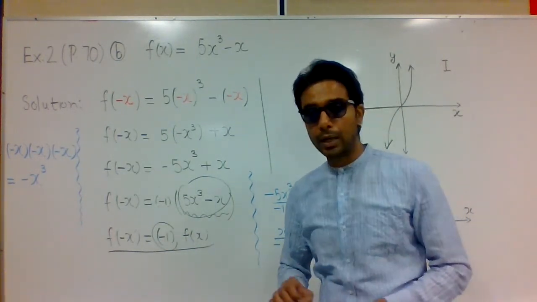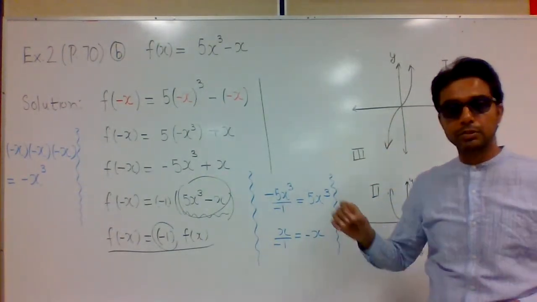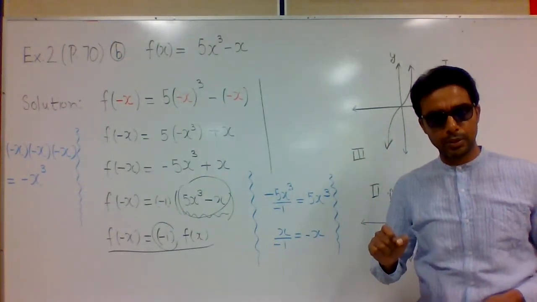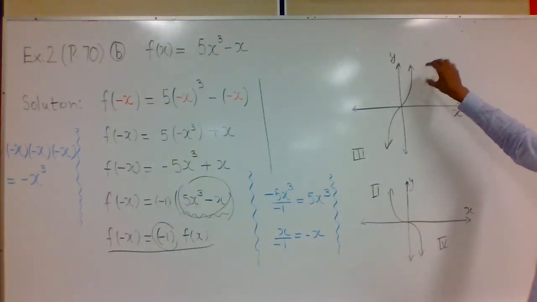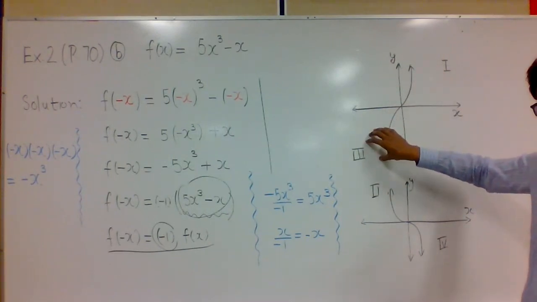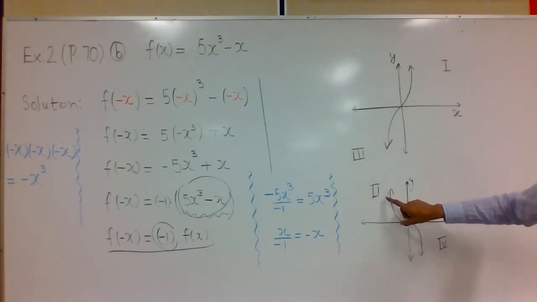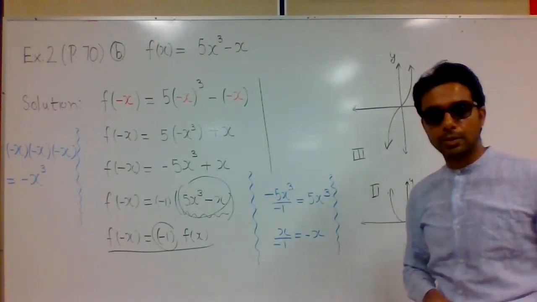And we also saw that the graph of an odd function is always symmetric about the origin. And how does that work? One half is in quadrants 1 and 3, or it can be in quadrants 2 and 4. That's all. Thank you.